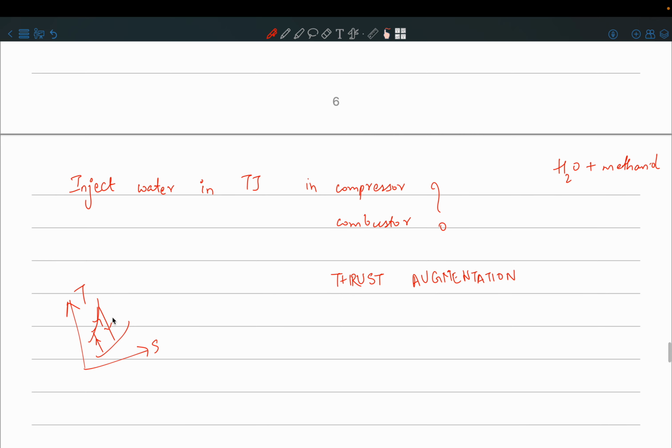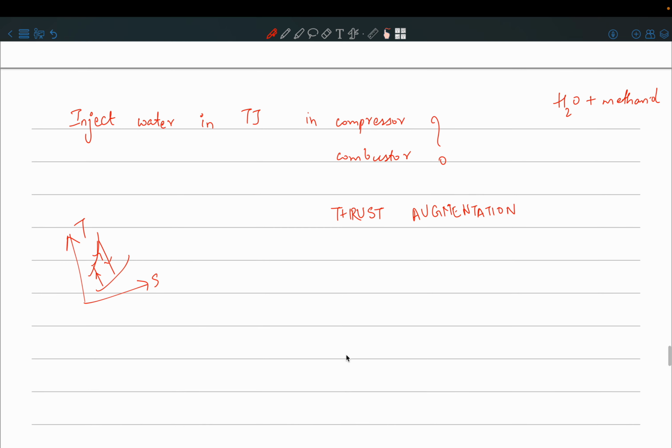So how is this Brayton cycle going to be affected by this water methanol injection? Any other doubts, any questions that you want me to talk about in the next class? If you tell me beforehand, maybe I can prepare and get back to you.